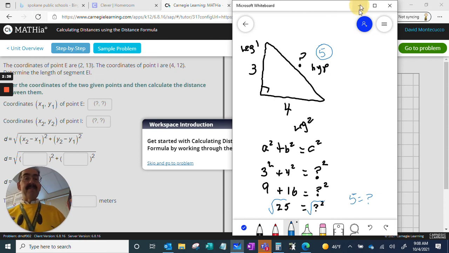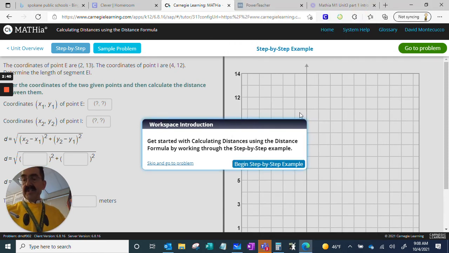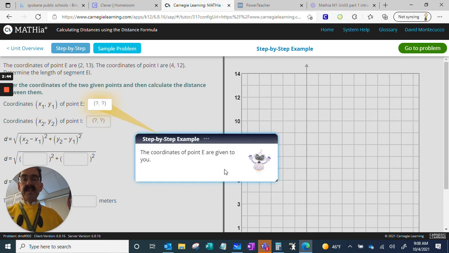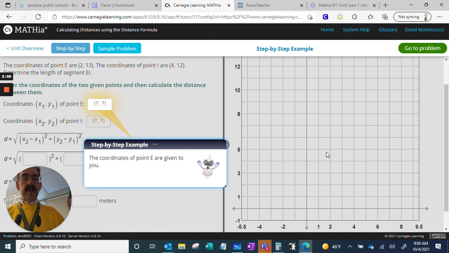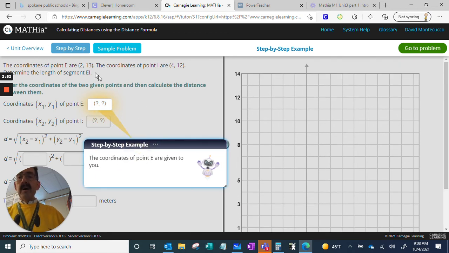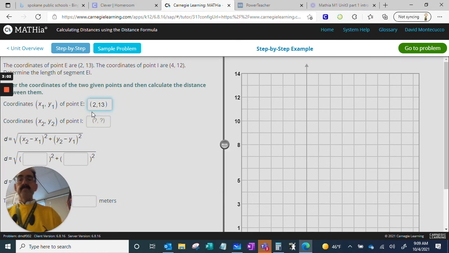So let's get started. All right. So we have a step-by-step here. And I love these step-by-steps because it says what's the coordinate of x1, y1. So let's scroll down here. The coordinates of E are 2, 13. So we're going to go shift 9, 2, 13, enter.